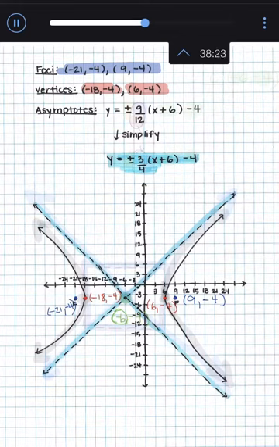Now be careful. Let's come up with our equation for our asymptotes. Remember, it should be rise over run. Well, rise is your y values. That comes from your b on this one. b is what's underneath your y, so that should be a 9, because that's your rise, over your run, which is your x's.